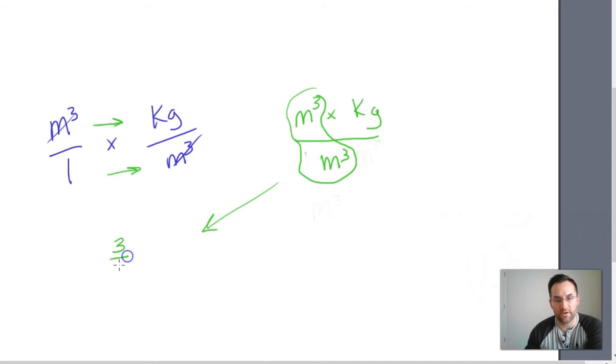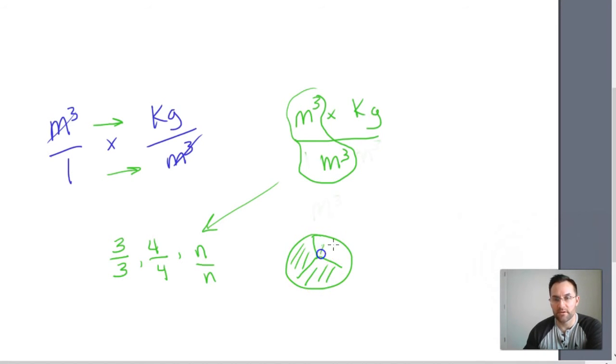Now let's just go back to basic arithmetic. If you had 3 over 3 or 4 over 4, or any number over any number, n over n, we know that it just equals 1 whole. Because 3 of 3 implies, let's say a pie, and we have all 3 pieces. We have 3 of 3.